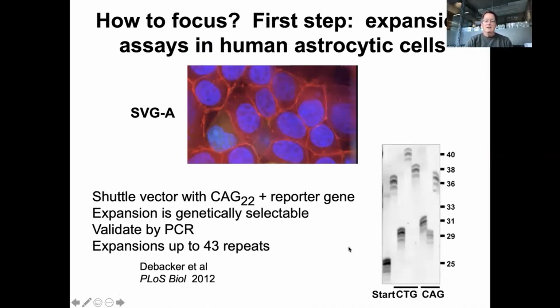This validation by PCR, you can see the starting track has a lower number of CAG repeats, whereas the things that we measure as expansions actually do have expansions. You can see they migrate higher on the gel because there are more CAG repeats. That's the definition of expansion. So these SVGA cells allow us to monitor expansions in the laboratory.